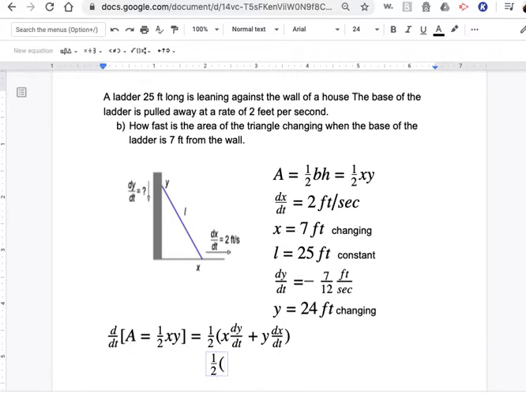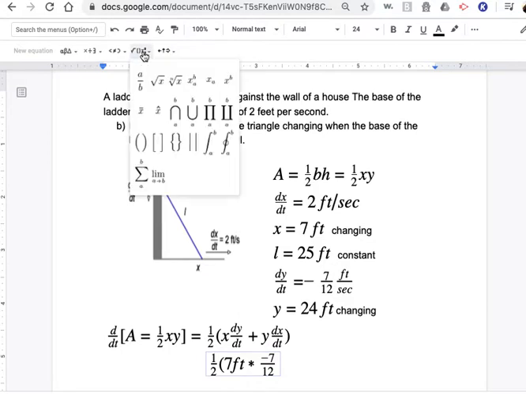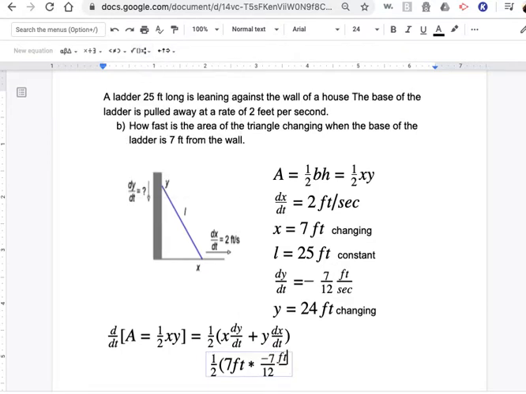We're going to multiply 7 feet times negative 7/12 feet per second, plus our y, which is 24 feet, times our dx/dt, which is 2 feet per second.